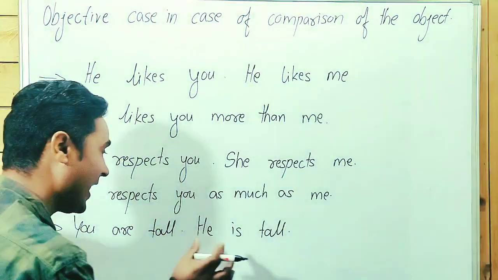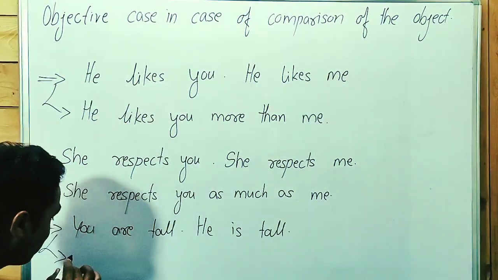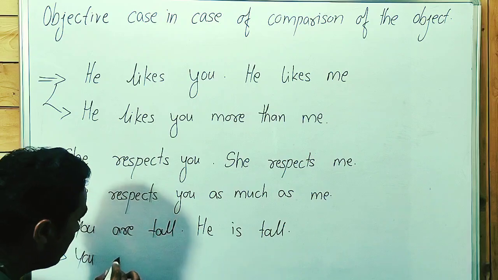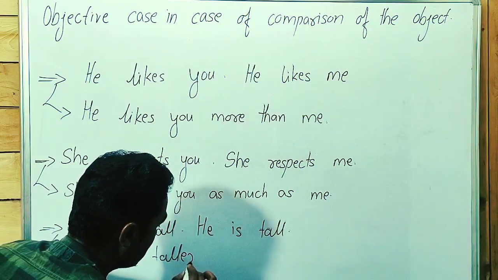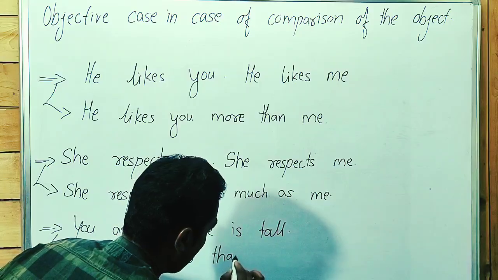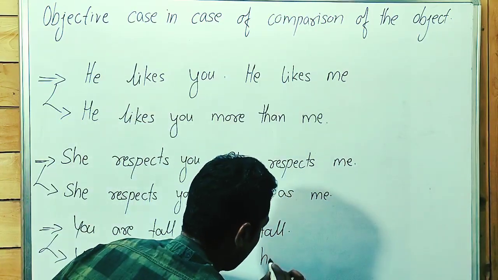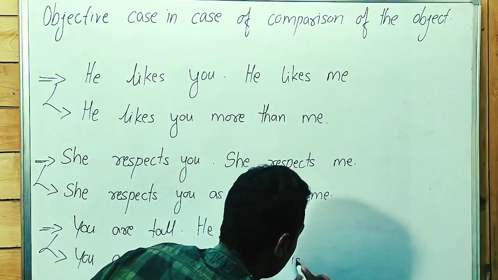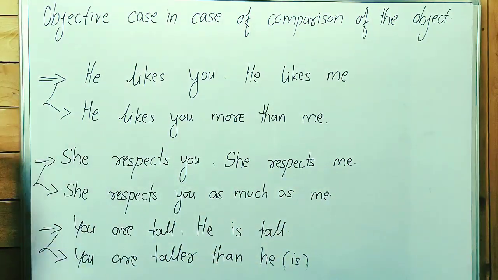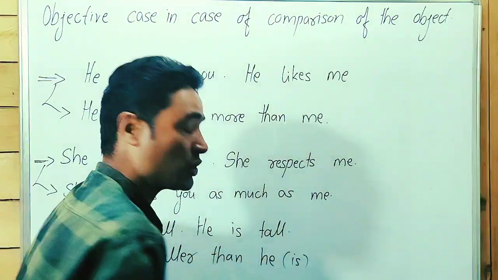You are tall, he is tall can be written as: you are taller than he. Guys, point to be noted, after he, is is understood over here. The verb is understood.